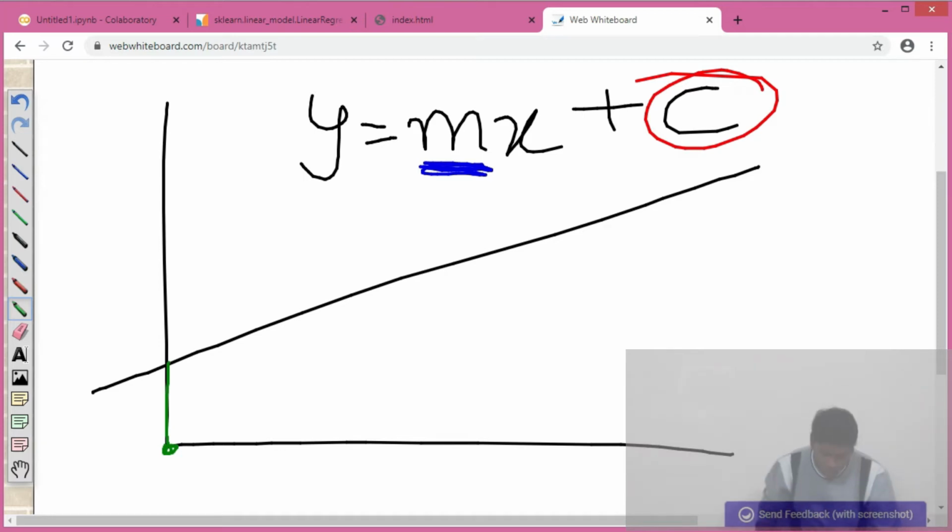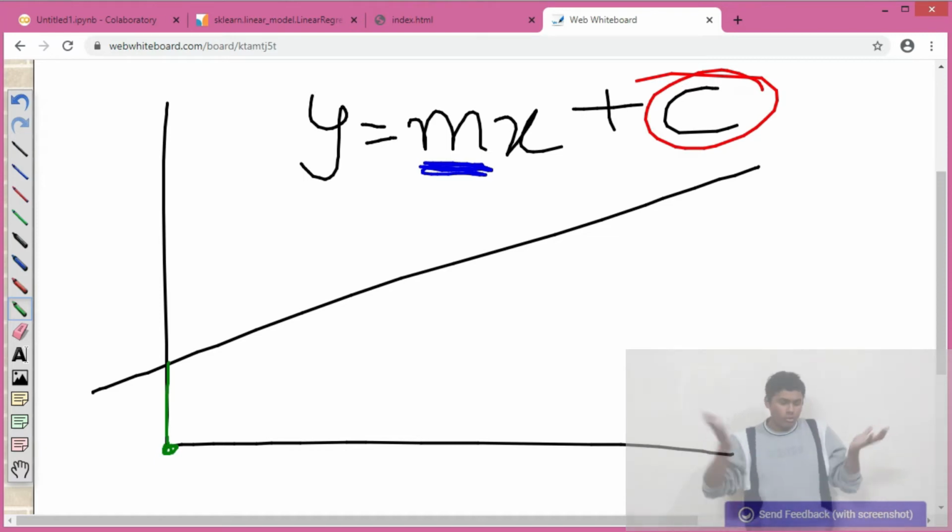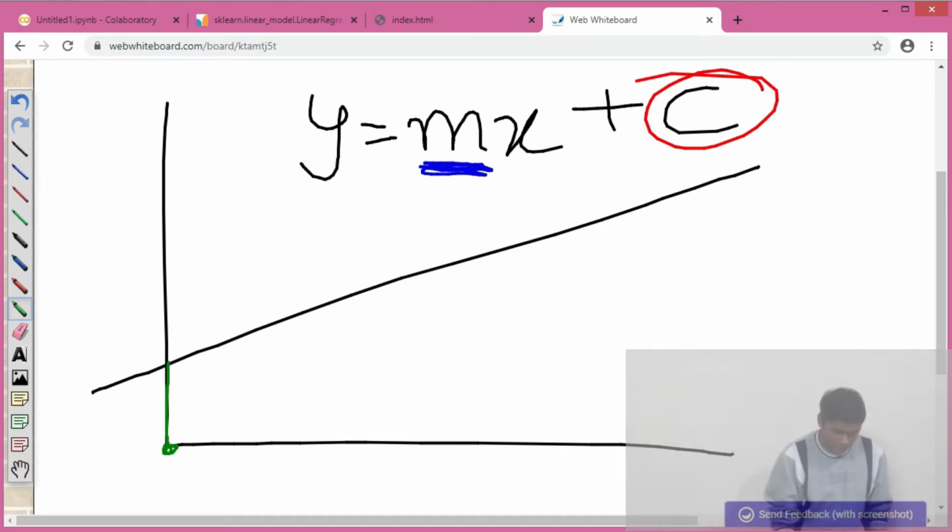That is called the y-intercept. So in this equation, y equals mx plus c, it is exactly that. Starting from the origin, how far up is your line? That is what this c depicts. I'm really bad at drawing. You might have guessed it by now.